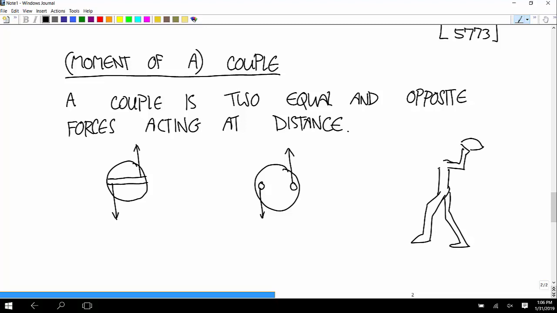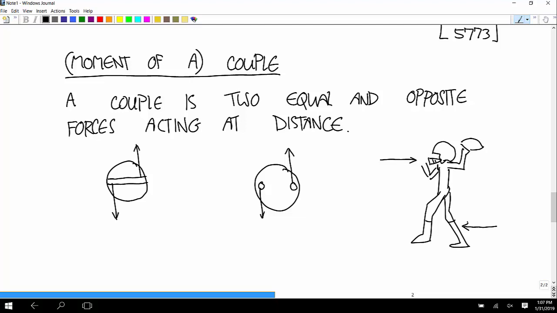So this is like a quarterback. When a quarterback's getting ready to throw and a 300-pound guy hits him like this, and a 300-pound guy hits him like this, he rotates very quickly down onto his back. And it's the same idea as the screwdriver.